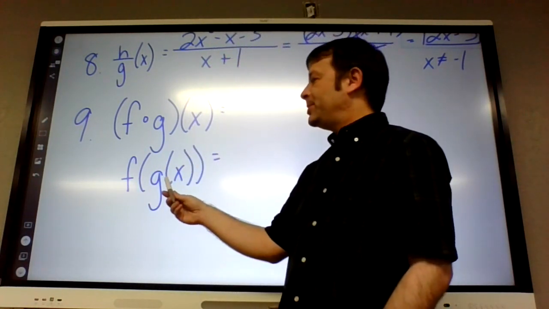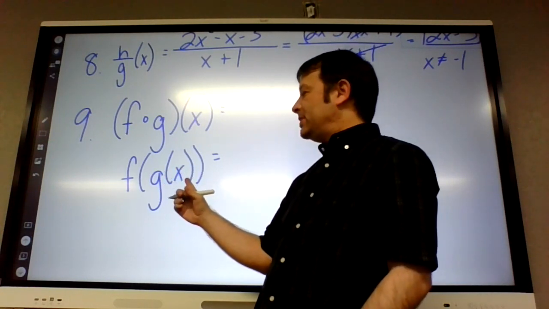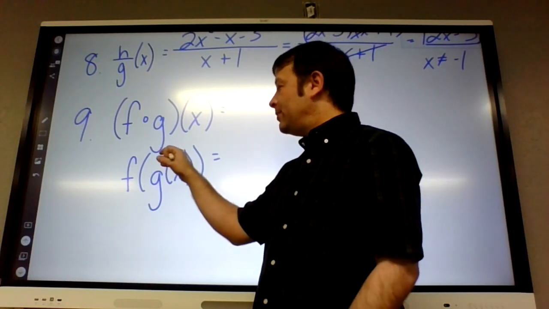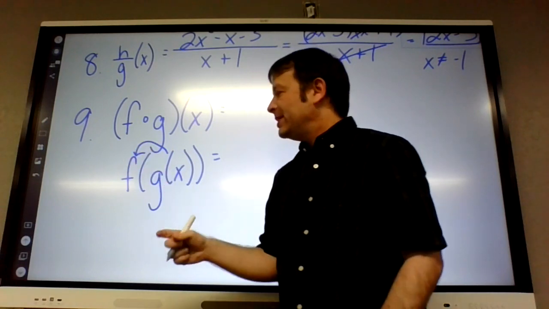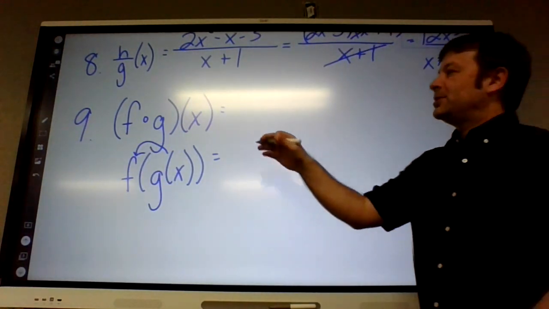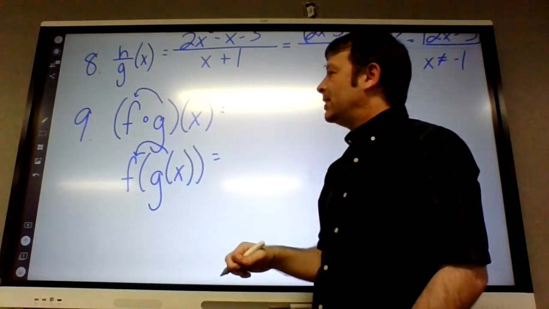This kind of gives you a better picture of what's going on. So g of x means x is what goes into the g function, right? So if you have f of g of x, the g function is going to go into the f function. It's kind of like substitution.